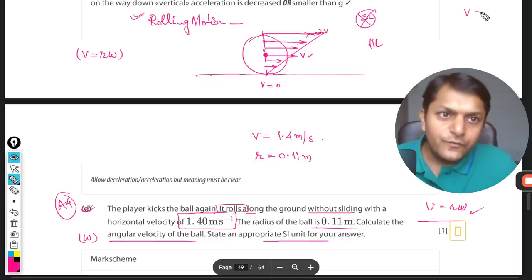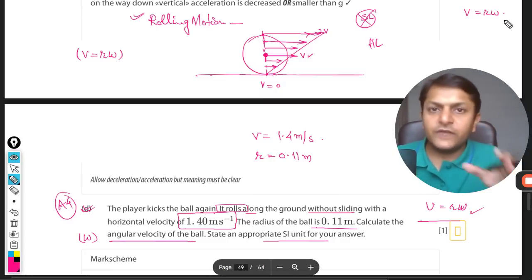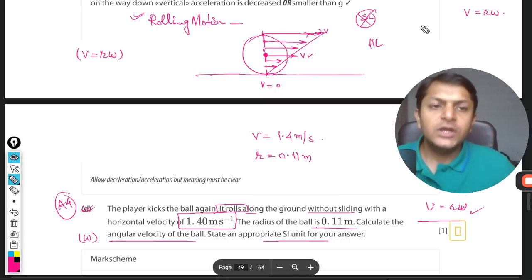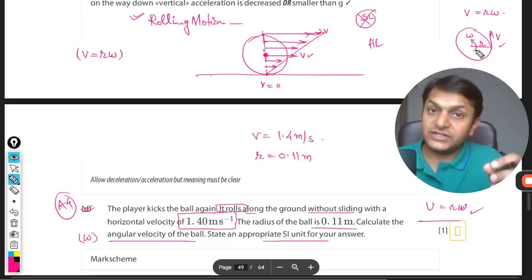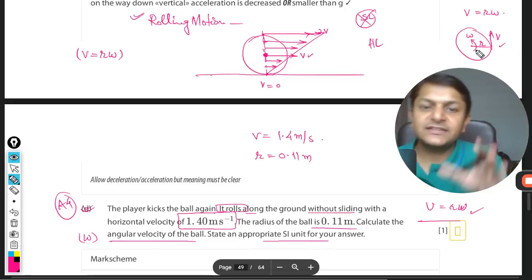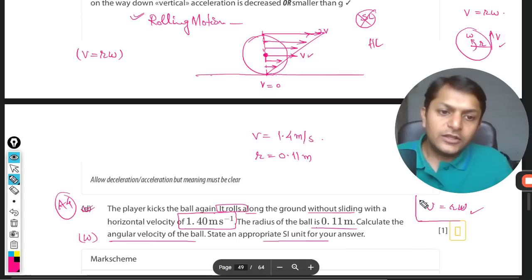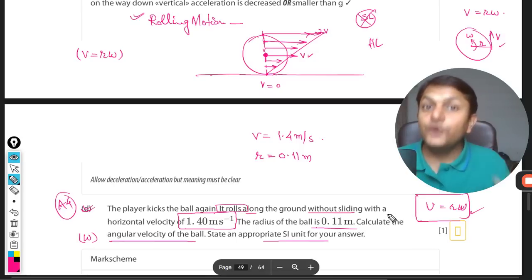When we talked about v is equal to r omega from a horizontal circle point of view, v is the tangential velocity, r is the radius, and omega is the angular velocity at the center, and v is the tangential velocity of the bob. But in this case, it is not the case. The formula on the surface looks similar, but they are not the same.